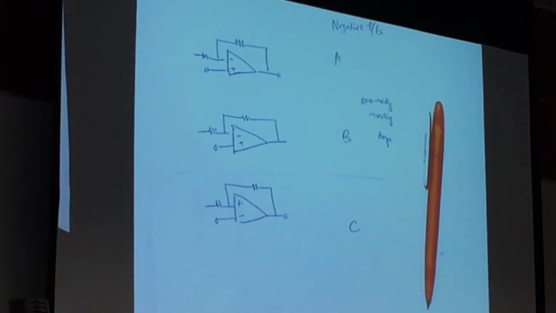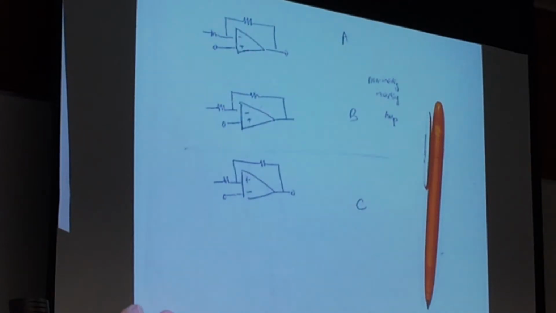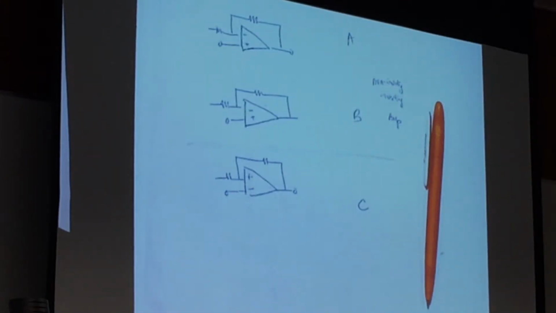What's the difference between A and B? Which one is a non-inverting amplifier?